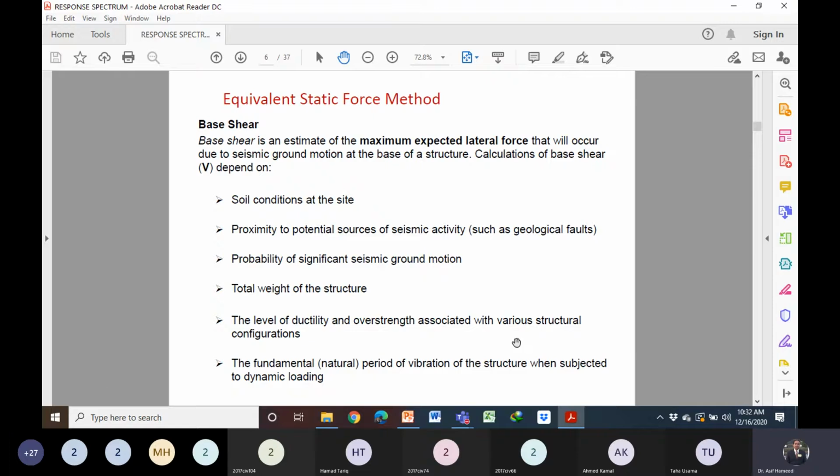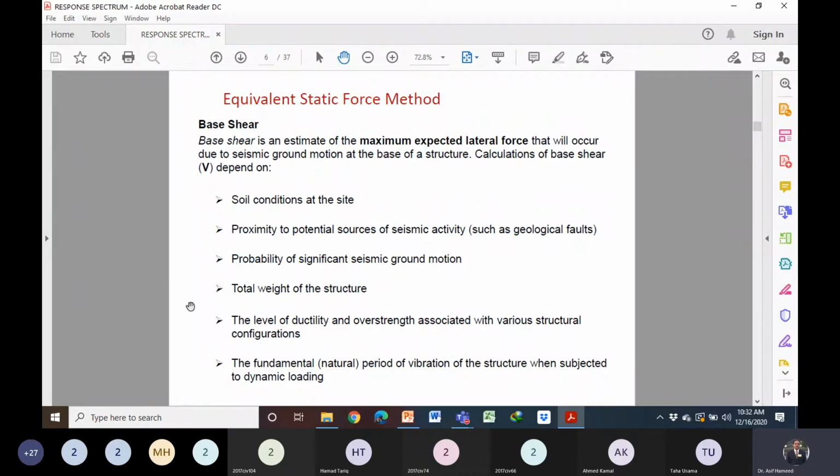But later on, it was modified. And then I think in 1960, the design practice was to simply apply a lateral load of 10% of the weight of the structure, because we have seen that earthquake response is a function of the weight of the structure. And then they incorporated many other factors.